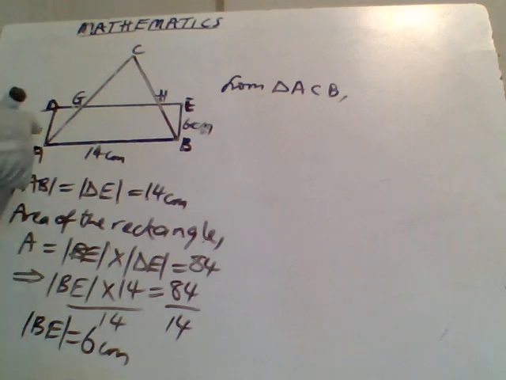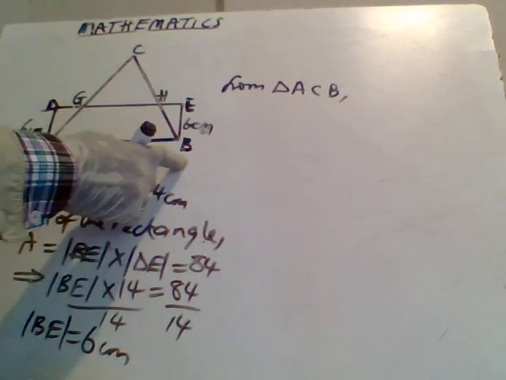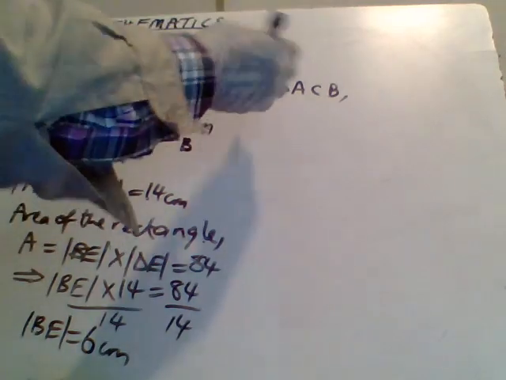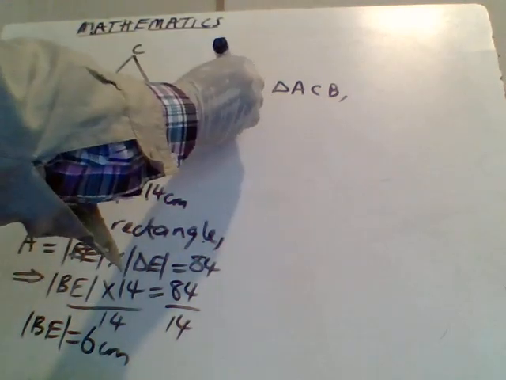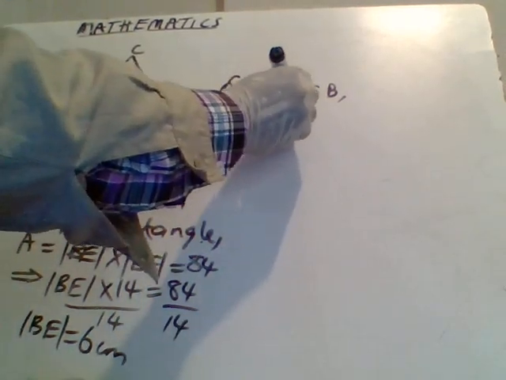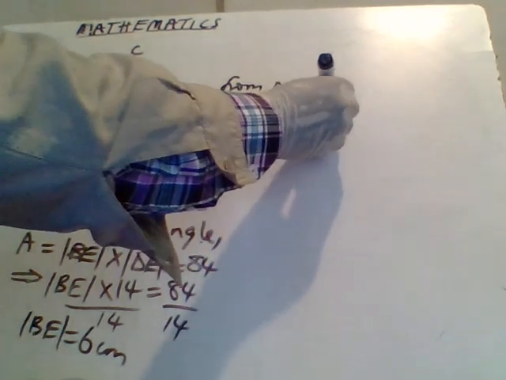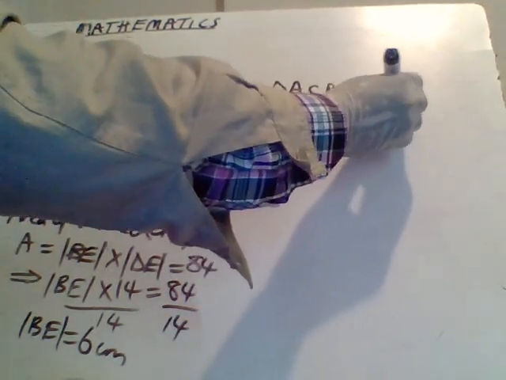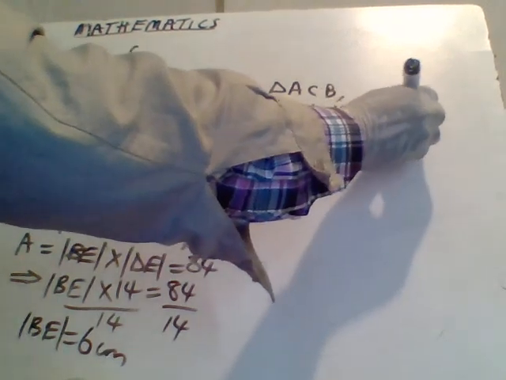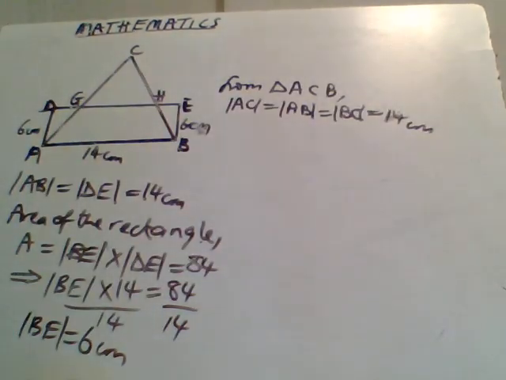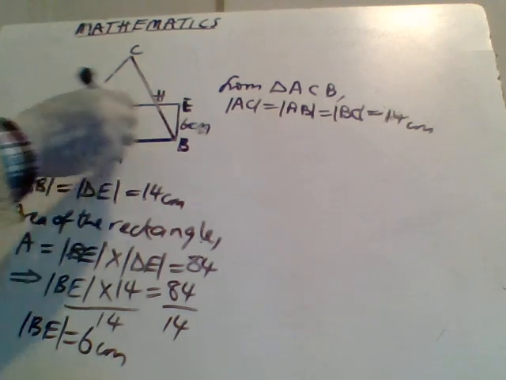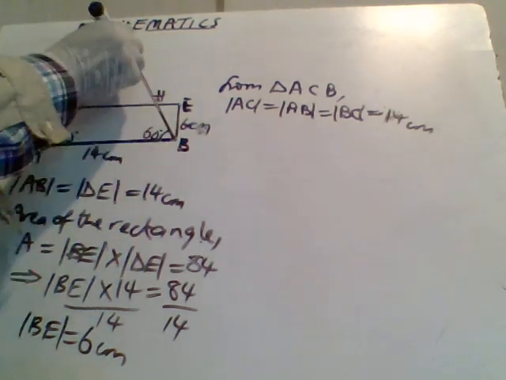We notice that AB is equal to BC is equal to AC. Since it's equilateral, all sides are equal. So this is 14 cm. Since it's equilateral, here will be 60 degrees, and the included angles are also equal.